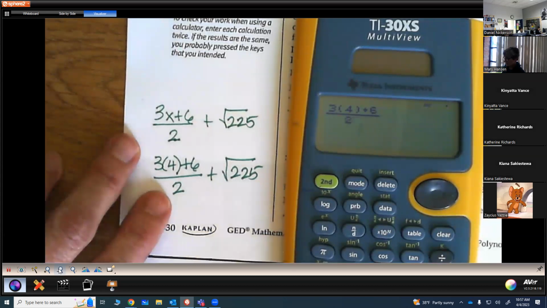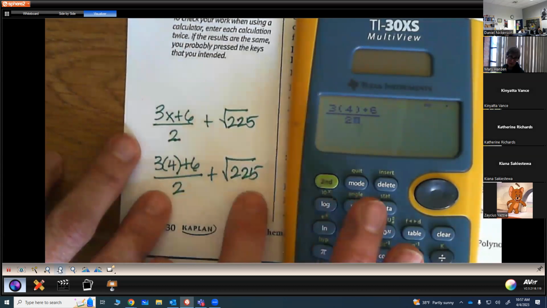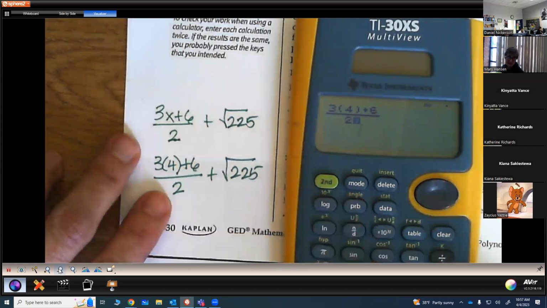Now, this is important: we do need to toggle out of the fraction before we put in this square root of 225, because if you hit plus next, it's going to keep you on the bottom of the fraction. And that square root of 225 is not on the bottom of the fraction.